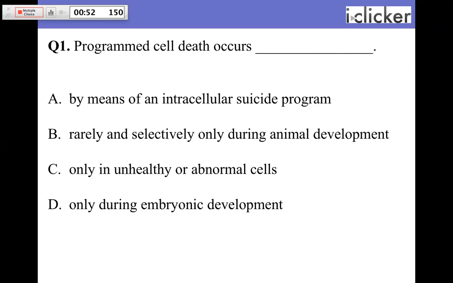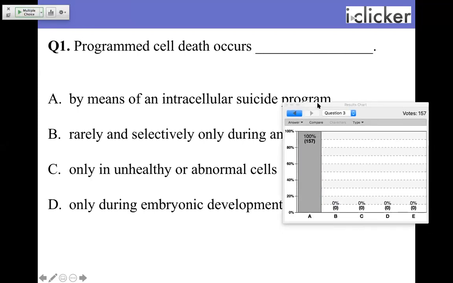About 5 more seconds? We'll talk about that in a minute. Okay, we'll talk about the signals. All right, everybody have a chance to vote? All right, let's close it up.